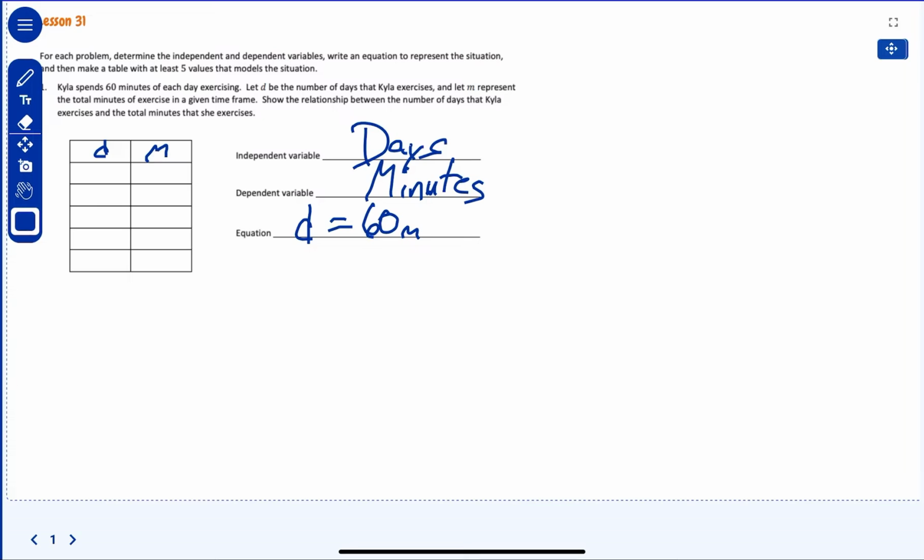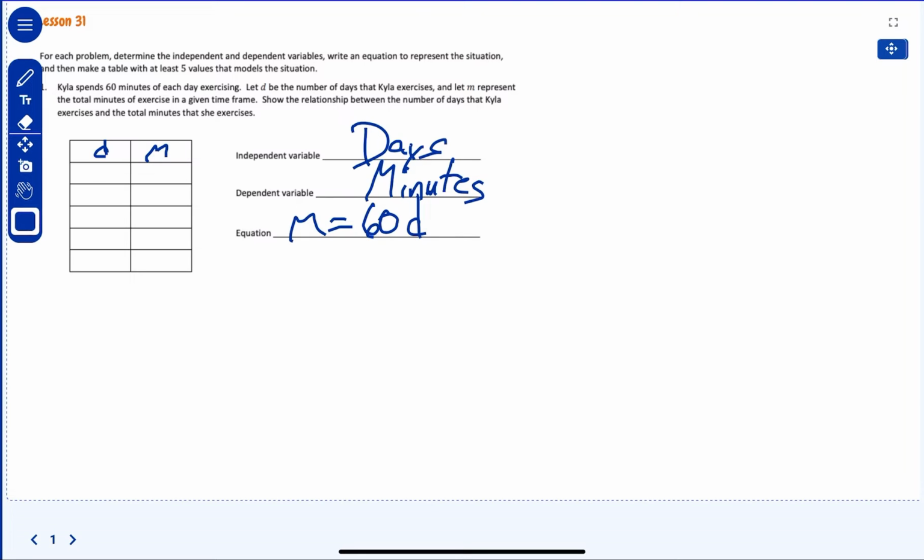Now think about what you just did. What are you trying to find here? You're not finding the days, are you? Days are always going to be days, right? So we're not looking to find days. We're looking to see how many minutes. And that depends on the days, right?